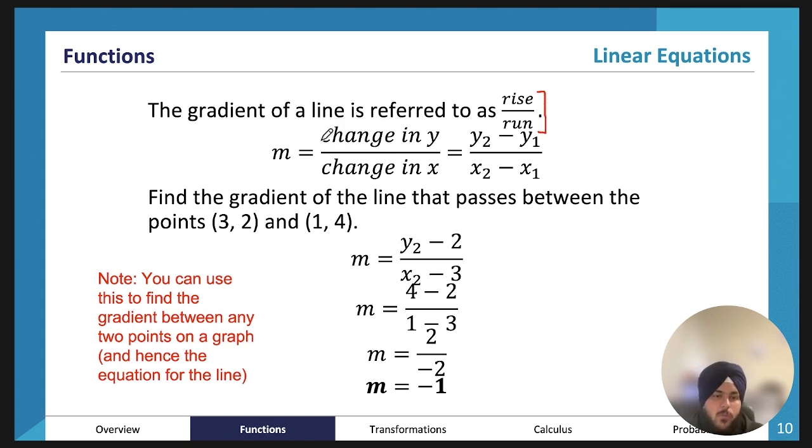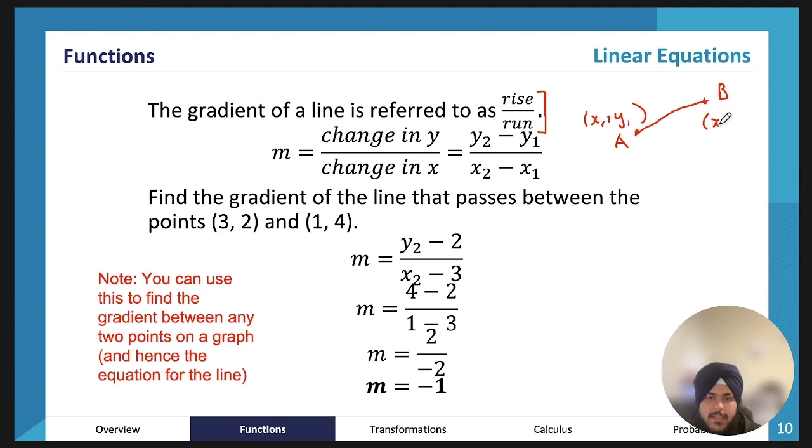Alternatively, change in y over change in x, which can be found by using this formula. So when you have 2 discrete points, point A and point B, to find the gradient between these 2 points, you will have a coordinate system of x1, y1, and x2, y2.